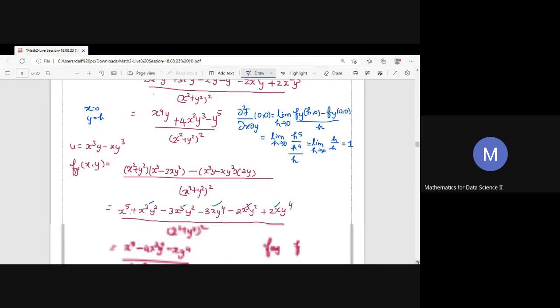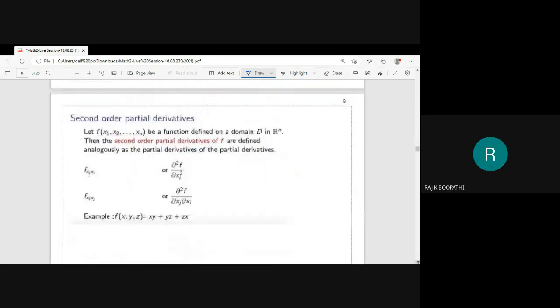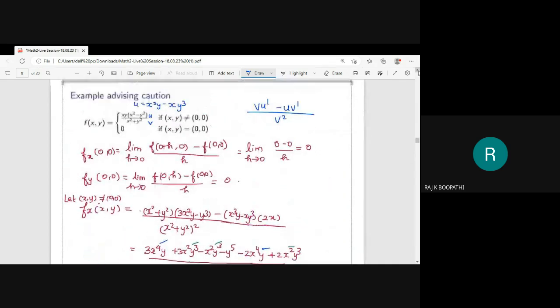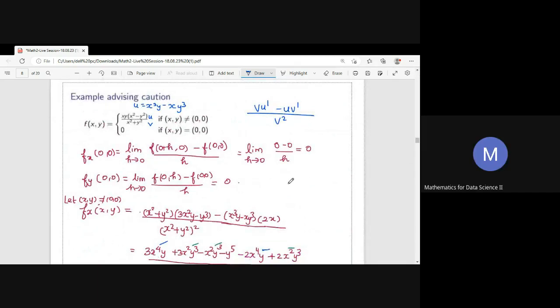Ma'am, can you brief what is the condition for checking continuity? For checking continuity, you have to find the limit of this function.